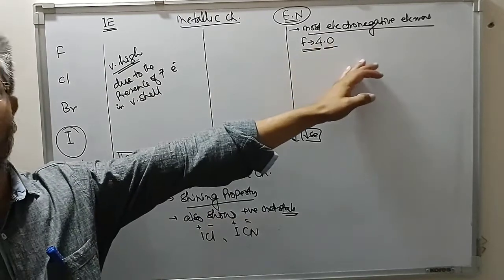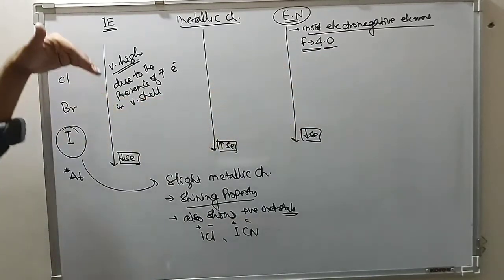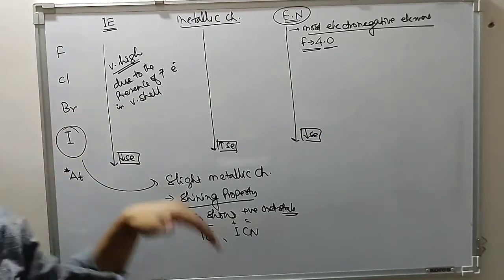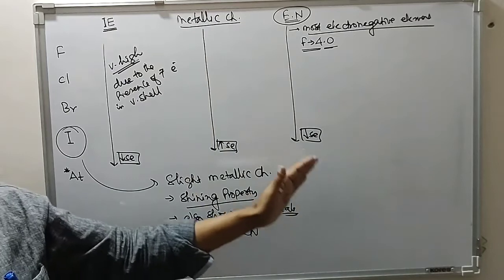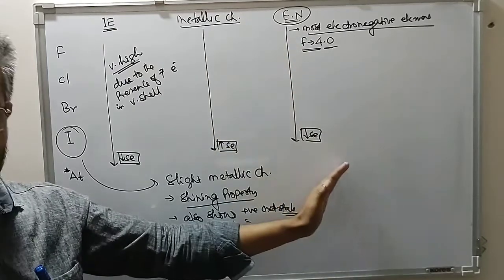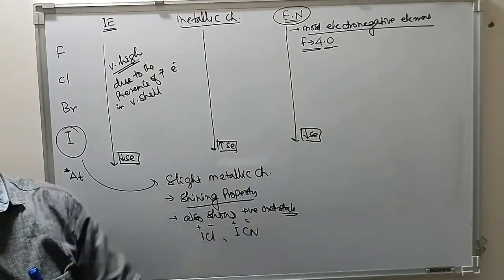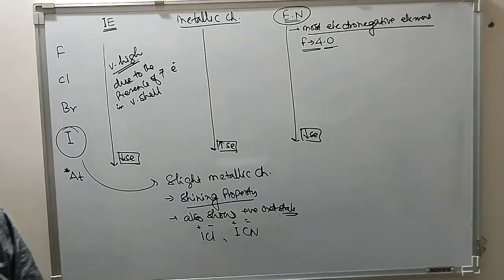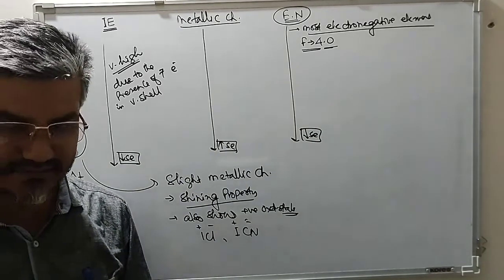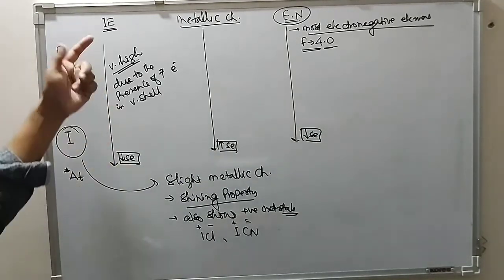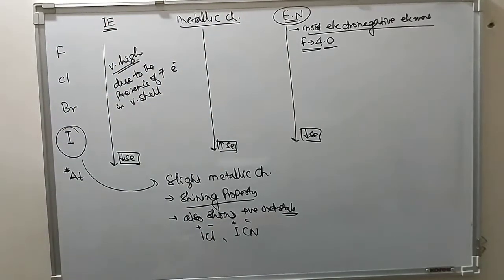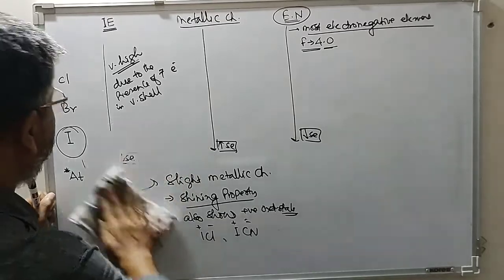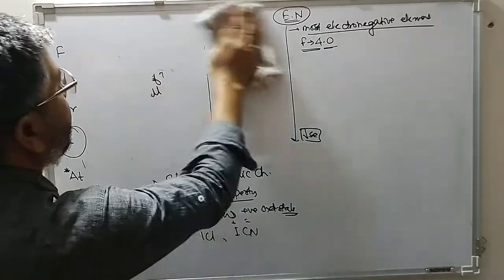Fluorine is assigned 4, so the electronegativity of the rest of the elements will be less than 4. Down the group electronegativity decreases because, with increase in size, the tendency to withdraw electron density towards itself decreases. So this is electronegativity.